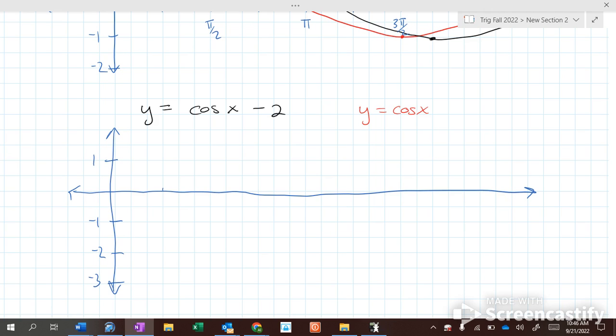So 1, 2, 3, 4, 5, 6 to get to pi over 2. Another 6 to get to pi, 6 to get to 3 pi over 2, and 6 to get to 2 pi.